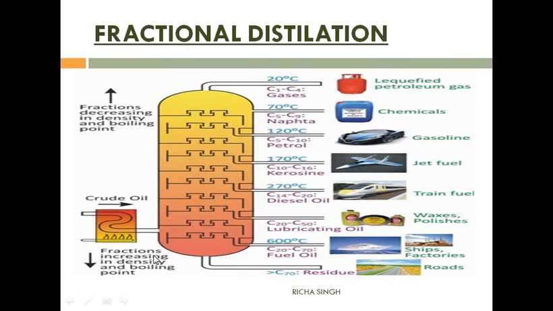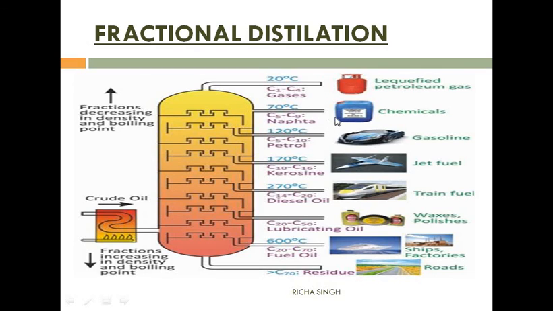You can see here, when it is heated to 400 degrees Celsius, components whose boiling point is very low, say about 20, will quickly start to boil and the vapors will come out. When the vapors come out, they get condensed in this pipeline, and the liquids obtained are different products: liquefied petroleum gas, LPG, comes out at 20 degrees Celsius.